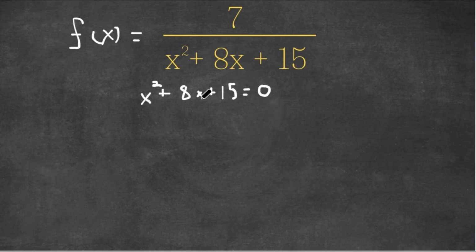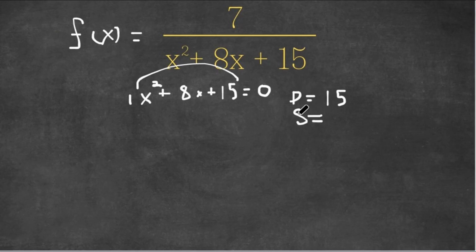So now, our product of the two numbers that we need to find is 1 times 15, which is 15. So our product is 15, and our sum is 8. So what two numbers have a product of 15 and a sum of 8? 5 and 3.